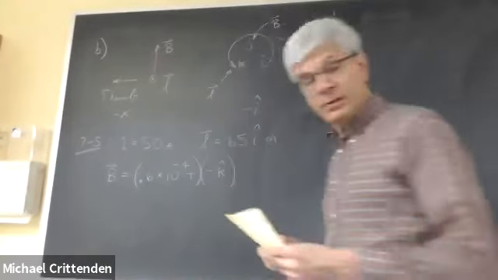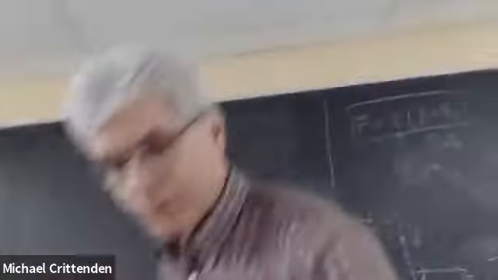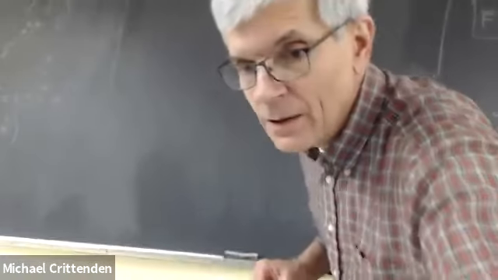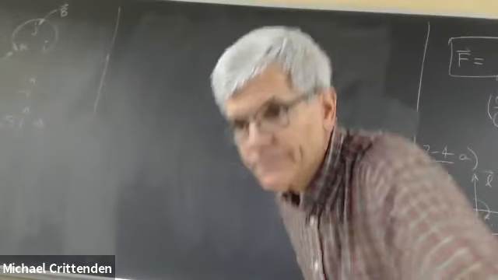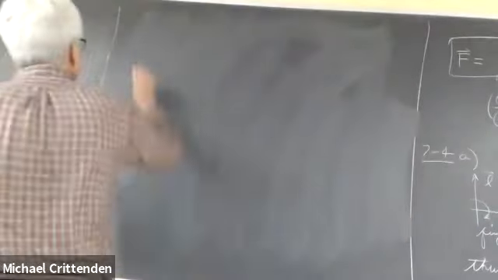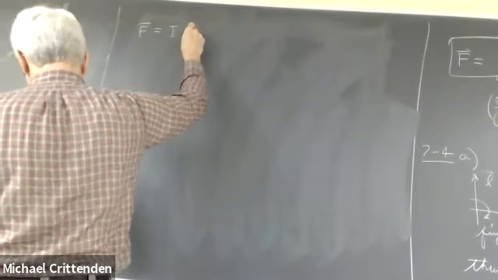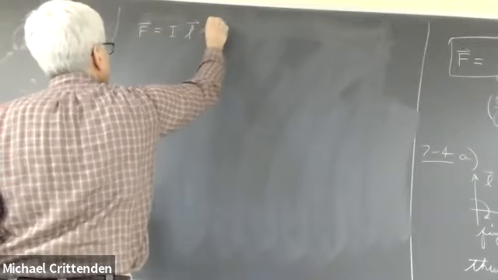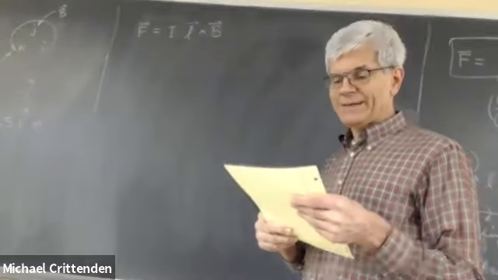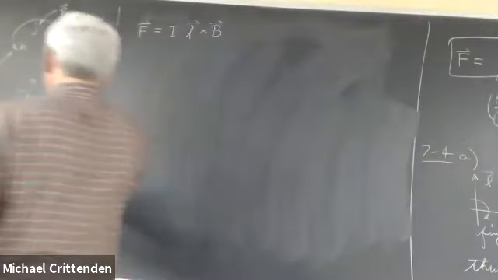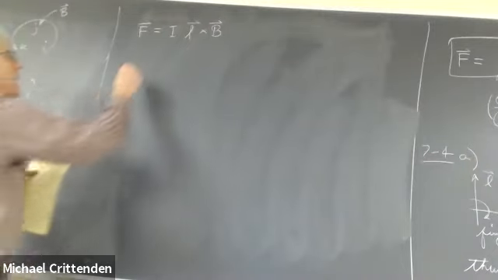So the force, sliding over to the middle of the blackboard, force on this wire is I times L cross B. Fill in those 3 things I just wrote down and evaluate.